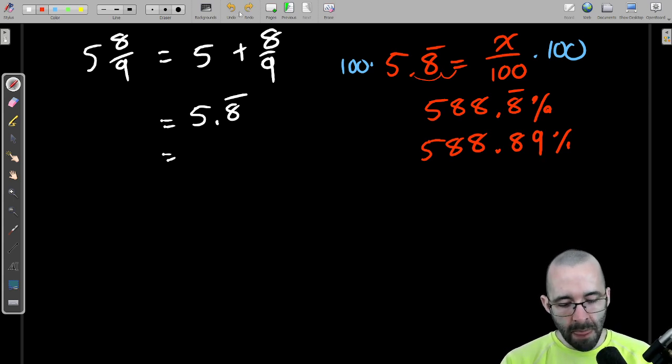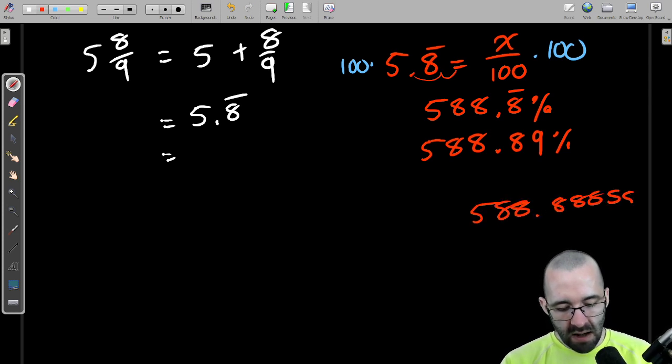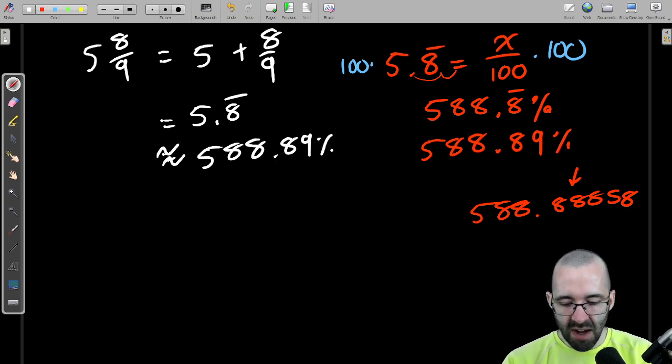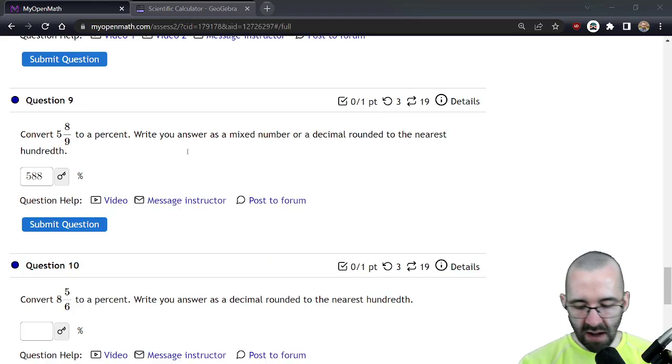And we round up because really what we have is 588.88888. We need to round to this digit, so we look at the next one. Because that next digit is an 8, that means we round this hundredths place up. Either way, we're going to get 588.89% as our approximate answer. So we use those squiggly equal signs.